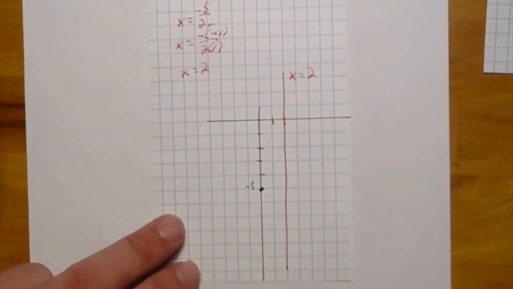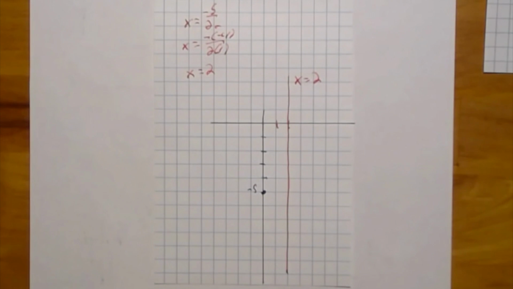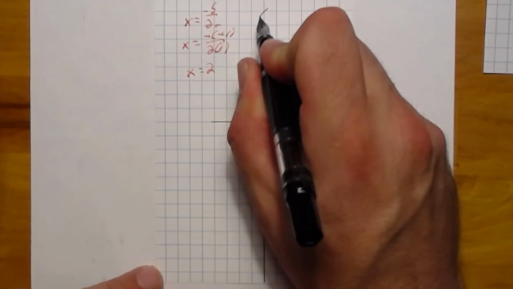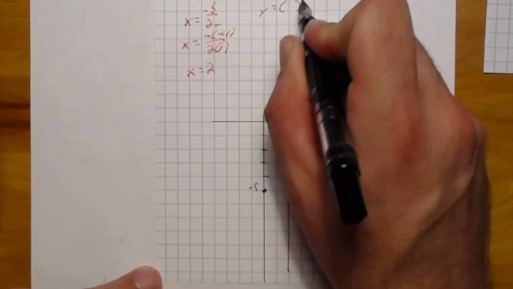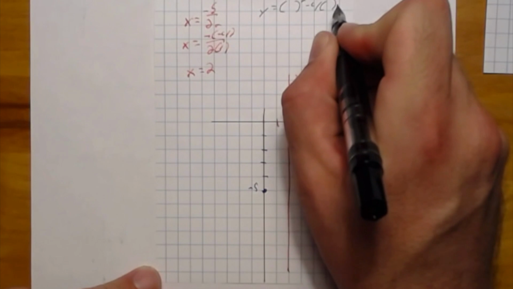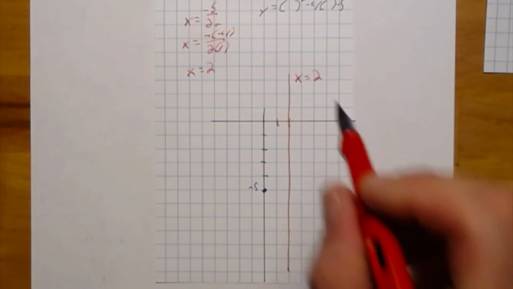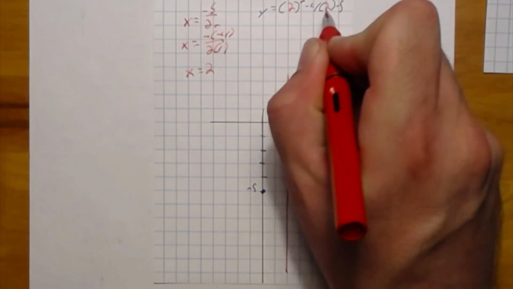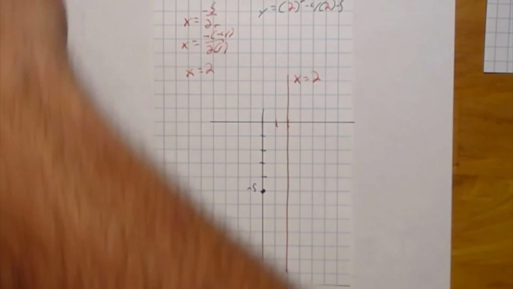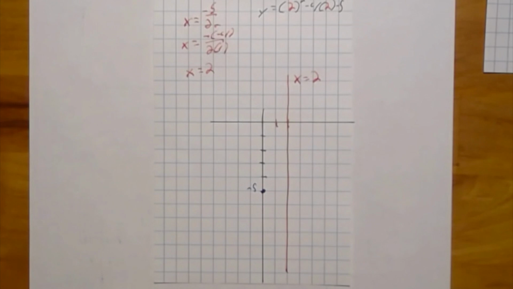Just like in the other technique, what I'm going to do in order to be able to find my vertex is I'm going to substitute that value into my original equation, giving me that y is something squared minus 4 times something minus 5. And that something is my x is 2 value. Once I know that x is 2 is substituted in there, all that's left is for me to calculate.